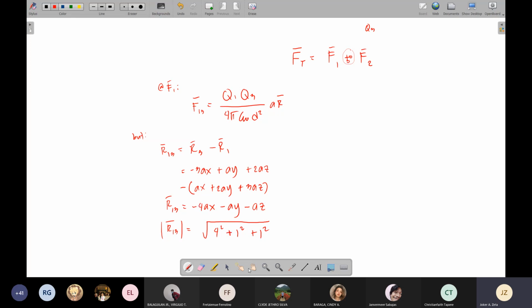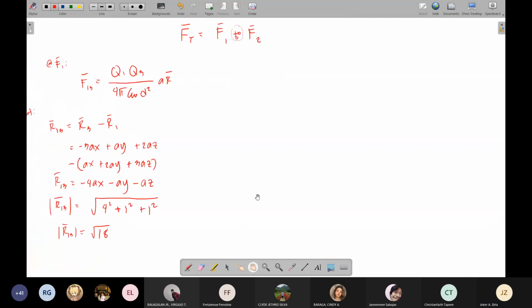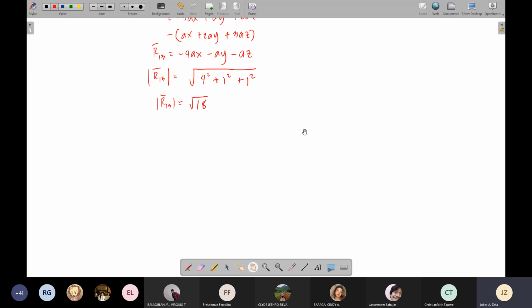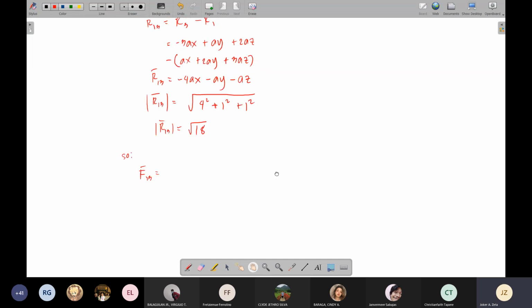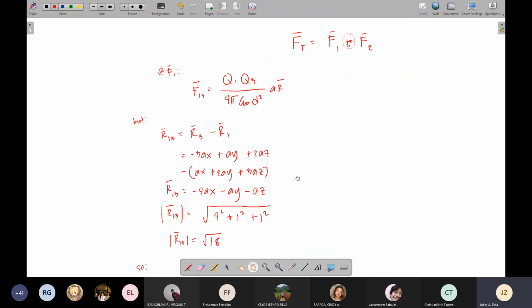Okay? So therefore we will have here that ang magnitude sa vector 1, 3 would be 16, 17, 18, square root of 18. Okay? Then, with that, you will have force 1, 3 will be, again, Q1, Q3. Q1 is 10 micro, Q3 is 75 micro.